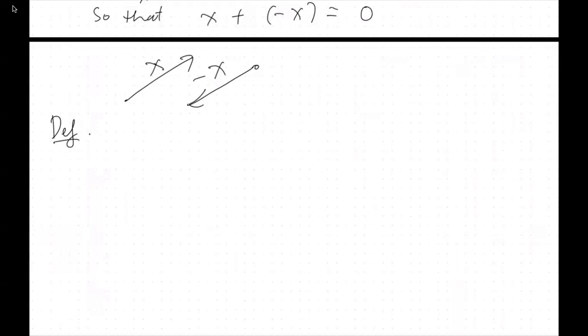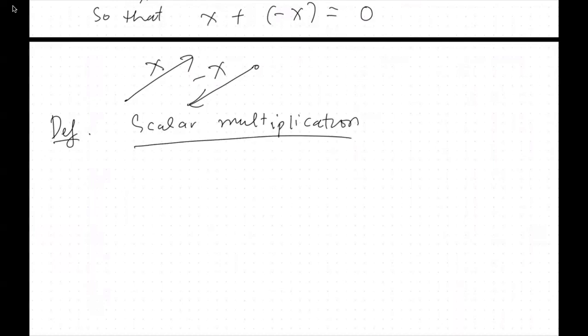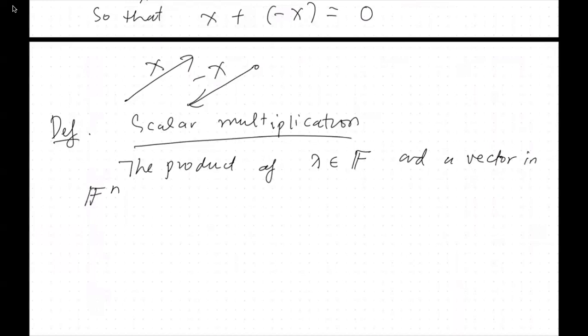We will go back to this later. This is also familiar from our calculus. The product of a lambda in our F and a vector in F to the n is computed as follows.